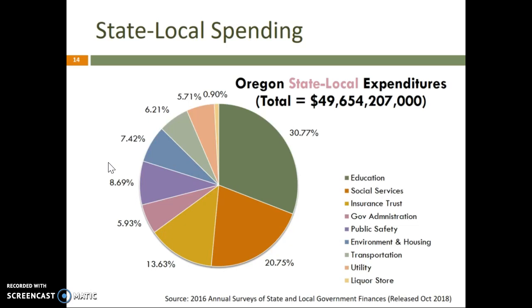It includes money that's spent towards parks and recreation, but it also includes a separate piece for housing and community development. So if there's any money spent towards providing for low-income housing or housing assistance, those are going to fall into this particular category. There's also sewage payments, solid waste management. Those are also part of this environment and housing category. So it's a little bit more of a catch-all than not.